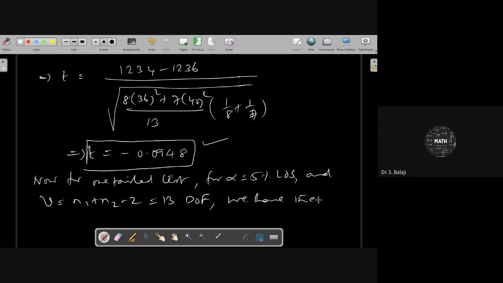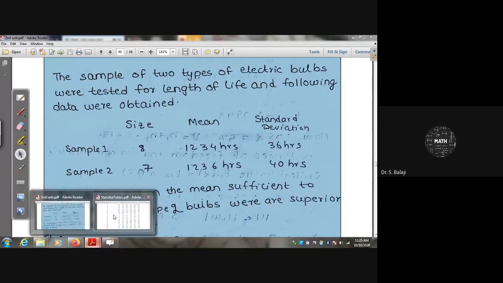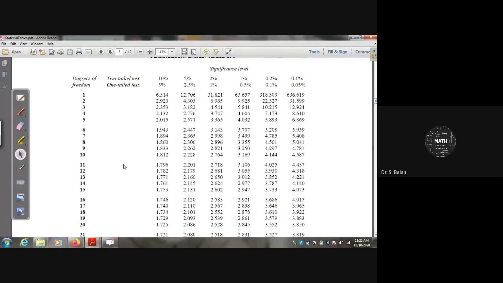We have the critical value from the table: t of alpha, with V equal to 13 degrees of freedom and alpha 5% for a one tail test.